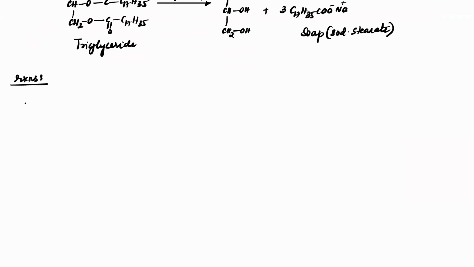Notice the chemical reactions. First one, if you have glycerol reacting with HI, notice first you'll get I and I. So how many moles are used? 3 moles of HI are used.